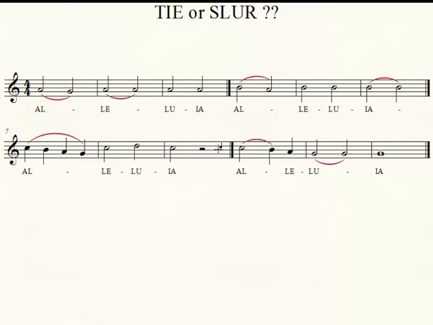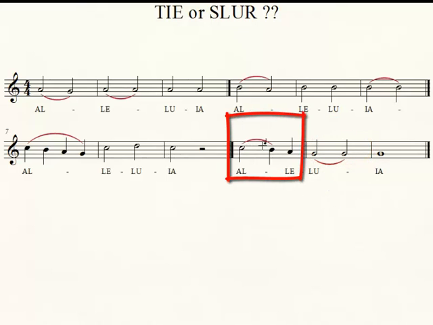Rest, rest, because that is a half rest. And finally, the last example, the first curvy line is, yes, a slur, and the second curvy line down here is, and yes, it is a tie. And this is how we would sing.